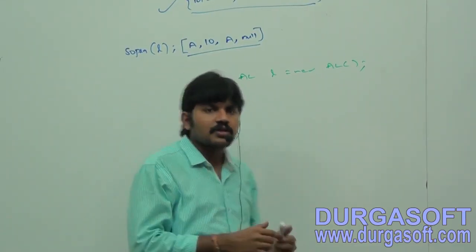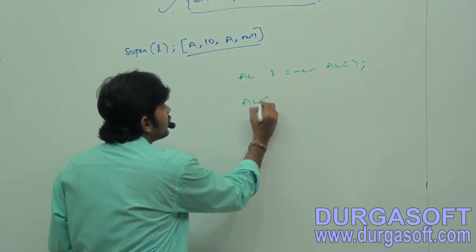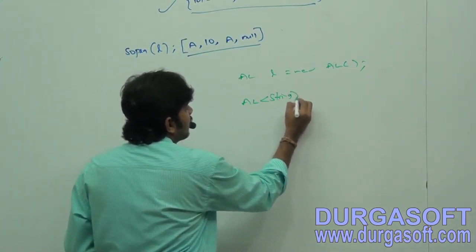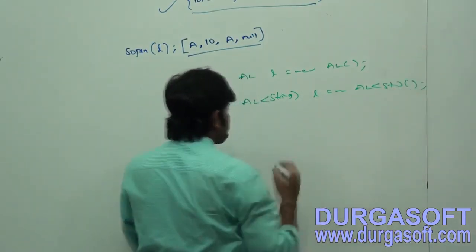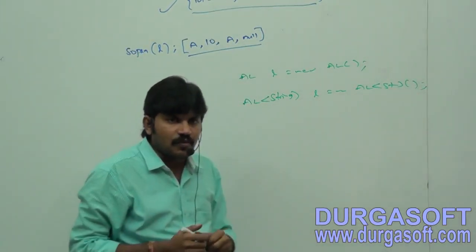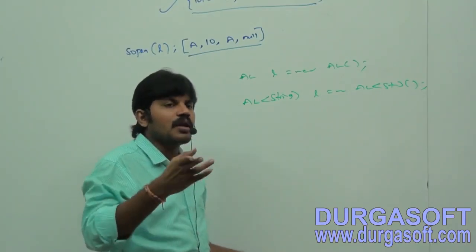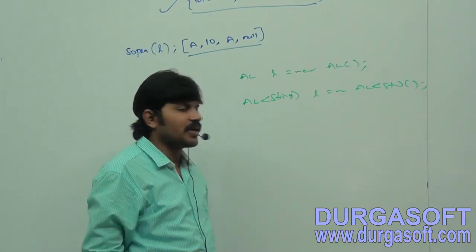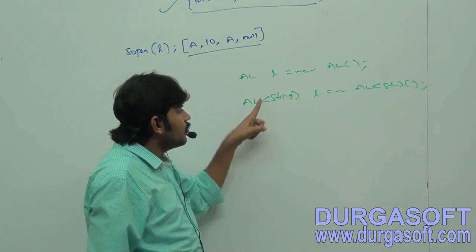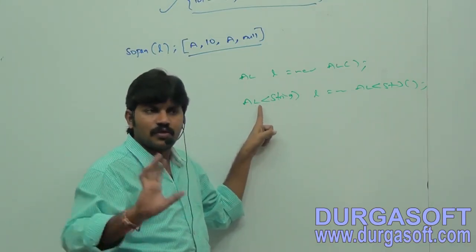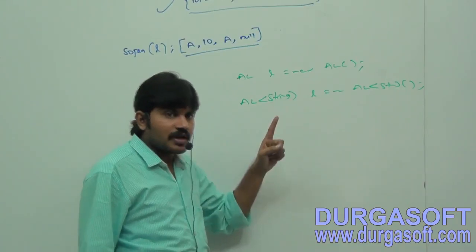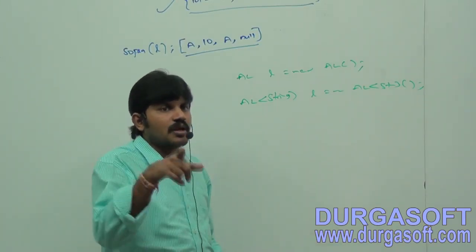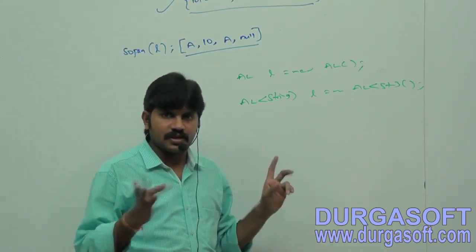That's why it is better to create ArrayList with generics: ArrayList of String l equal to new ArrayList of String. This type of syntax is generics. You are not using generics, that's why we are getting these warnings. If I use this syntax, we won't get any warning. I will explain generics later, but the warnings appear because you are not using generic syntax.